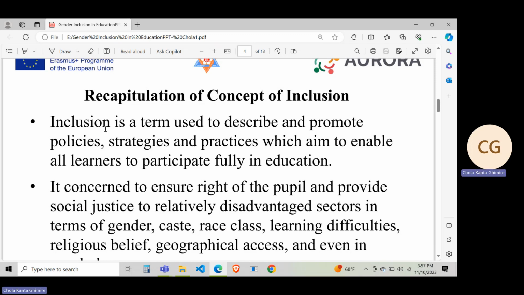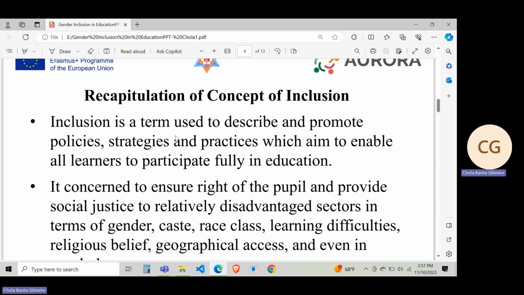Here, inclusion is a term used to describe and promote policies, strategies, and practices which aim to enable all learners to participate fully in education. It means inclusion is focusing on policies, strategies, and practices.